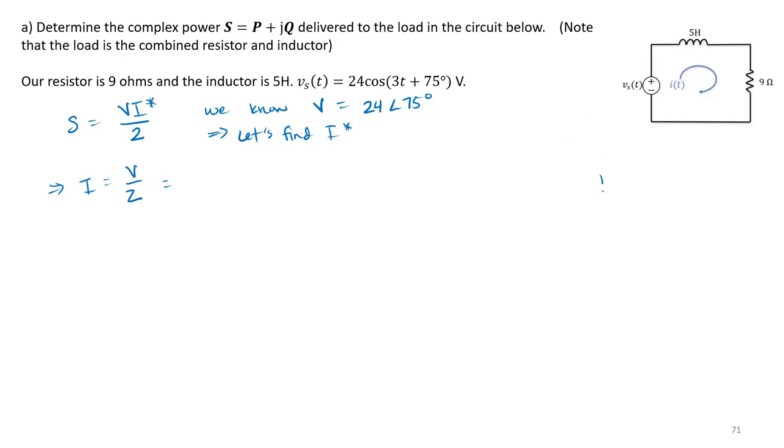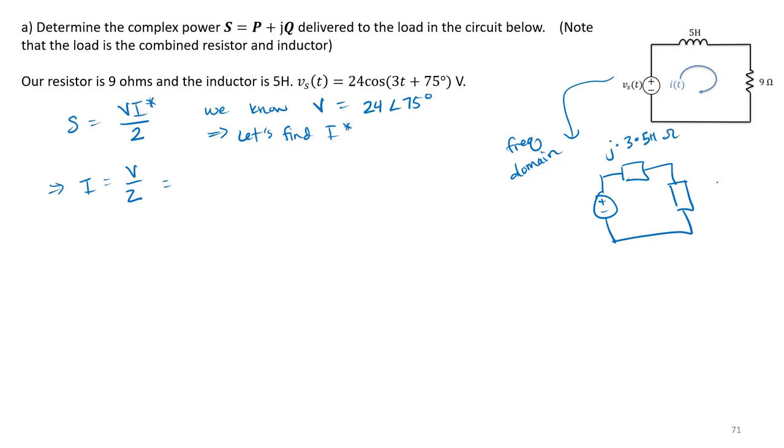And so if we convert our circuit to frequency domain, we see that our 5 henry inductor will become j times 3 times 5 henries ohms, and our 9 ohm resistor becomes a 9 ohm impedance.